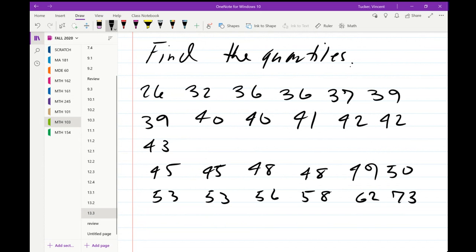All right. So we have 25 data values. I listed them this way just because I can see what my first middle value is, because I had 25 of them.